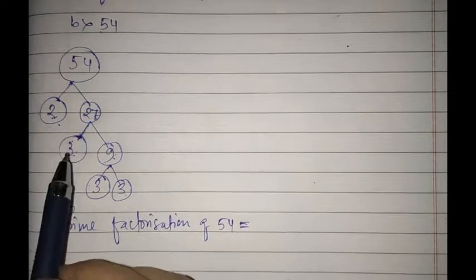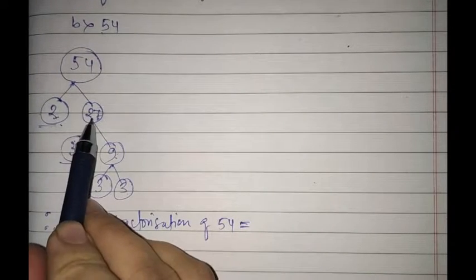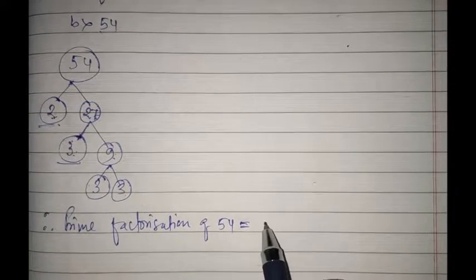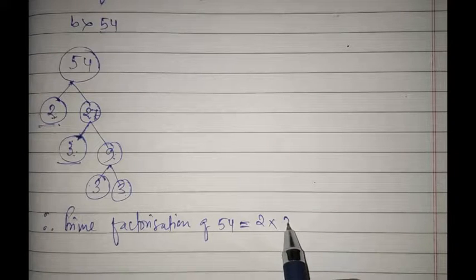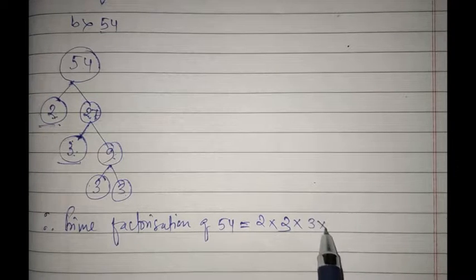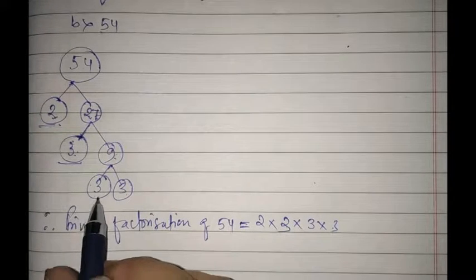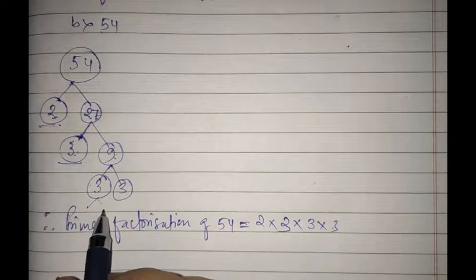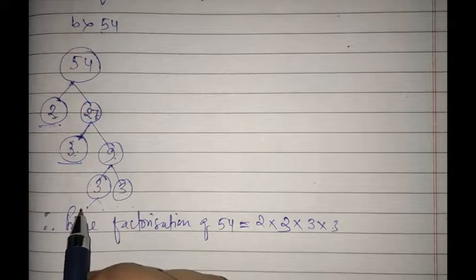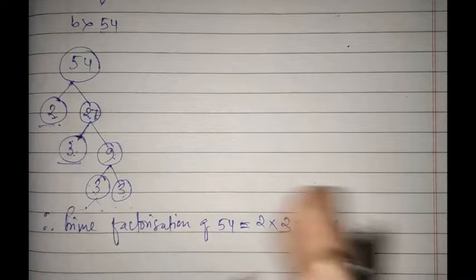So for 54, you just write this number, not this part. If you write that it will become wrong, because you have to write only the prime factors: 2 into 3 into 3 into 3. You do not need to write 1 into 3 again and again, because they are the same thing. So you can stop here.